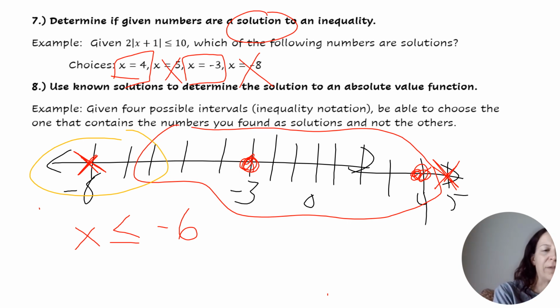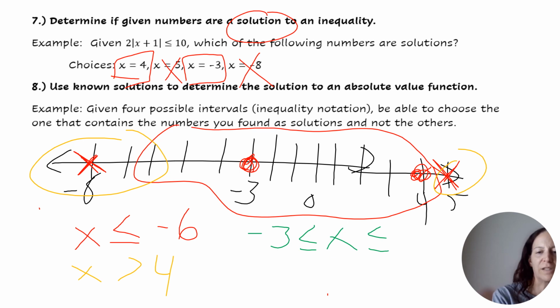And same with something like x is greater than 4. Well, no, I'm not going to pick that because it doesn't include the 5. And then I might have one that has one of the numbers that works, but not the other. So I might say, well, -3 is less than or equal to x is less than or equal to 6.